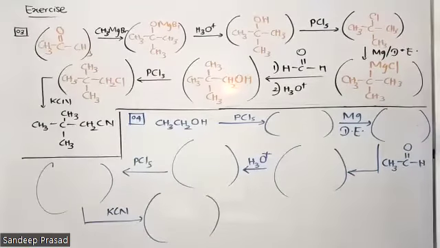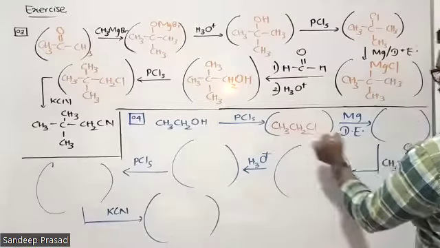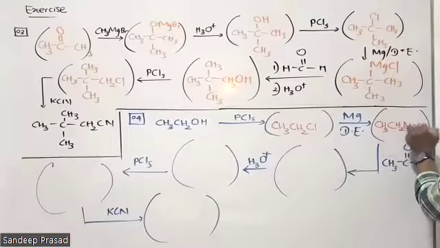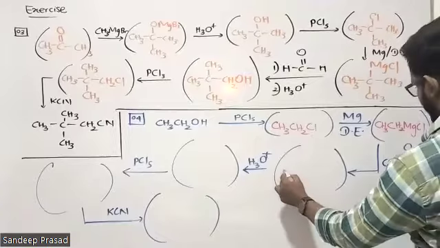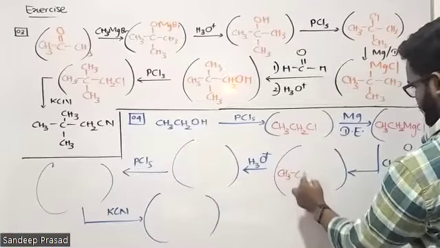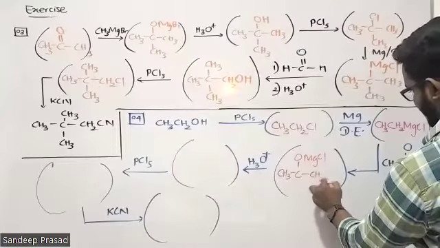And how about the fourth one? Fourth one should be CH3 CH2Cl. And here we have to add magnesium, right? And here we can say CH3 OMgCl, CH2 CH3.